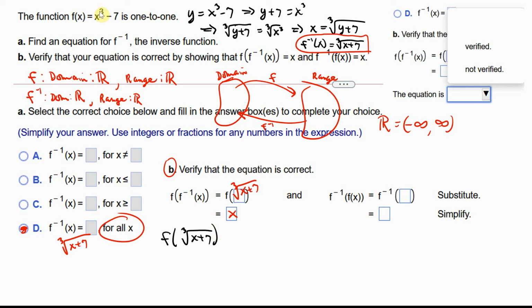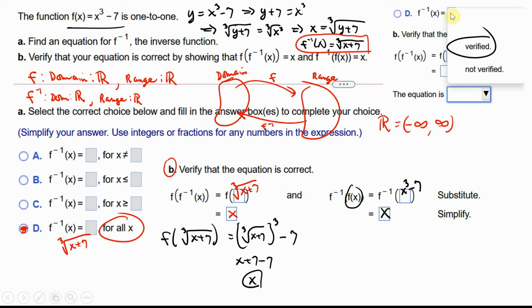F says whatever you give me, cube it. So I'm going to cube this, and then it says minus 7. So this gives us x plus 7 minus 7. We get x. And then the same thing happens over here. This is x to the third minus 7, because that's the function f, which is there. And then here, you work that out, you also get x. And then you conclude that that's verified, right?